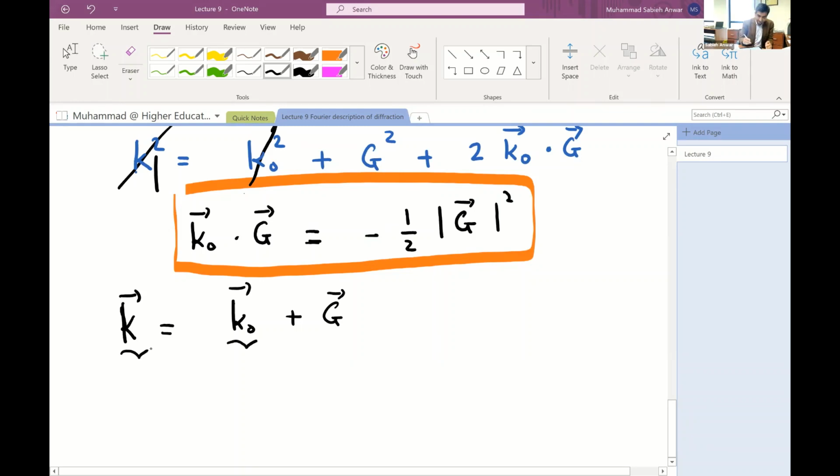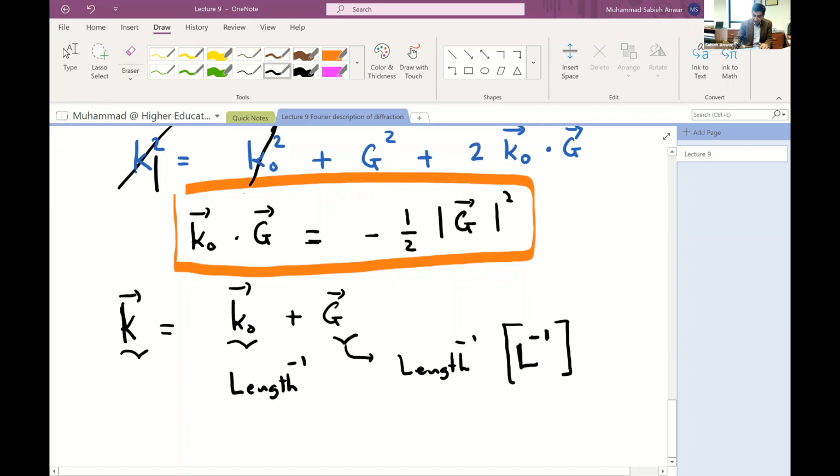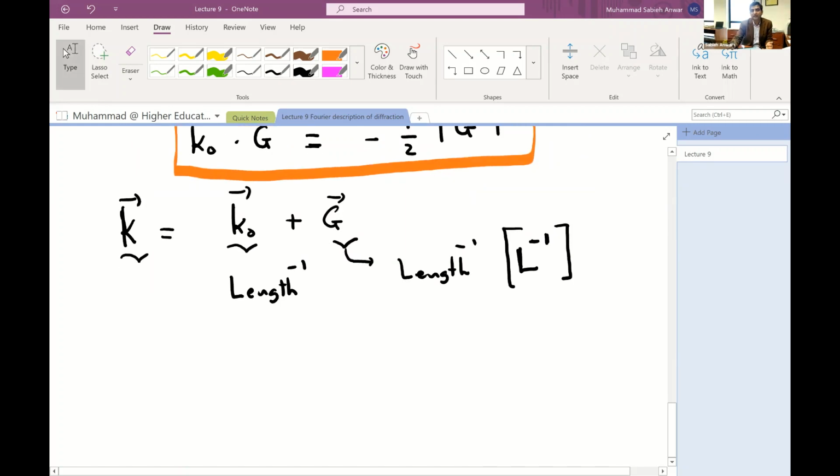These are wave vectors. So they have dimensions of length inverse. So g must also have dimensions of length inverse. So this is the dimension of the reciprocal lattice vector.